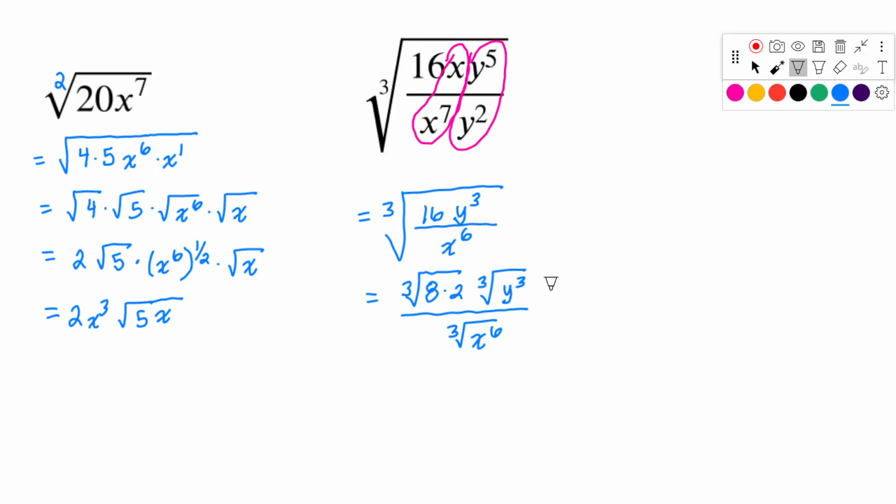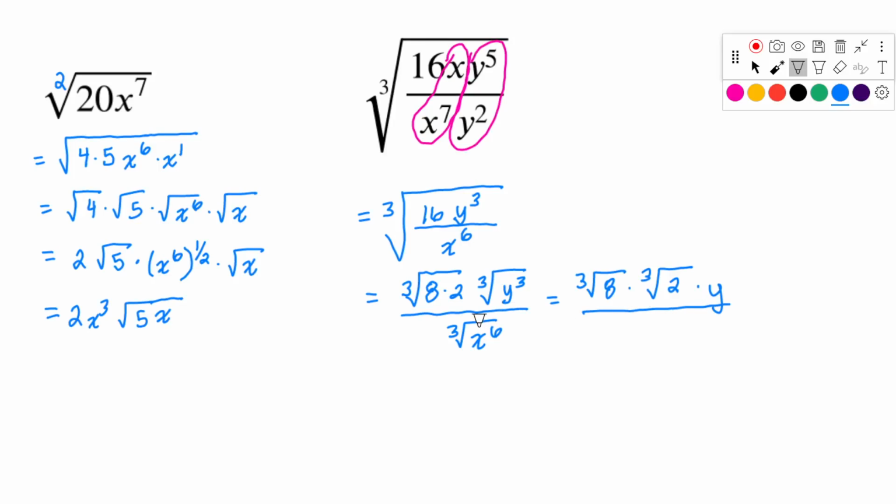We have talked about the cubed root of 8 being 2. So since that's a perfect cube, I need to separate that from the cubed root of 2. We've also talked about the property that when the index matches the exponent, you're left with just the base.